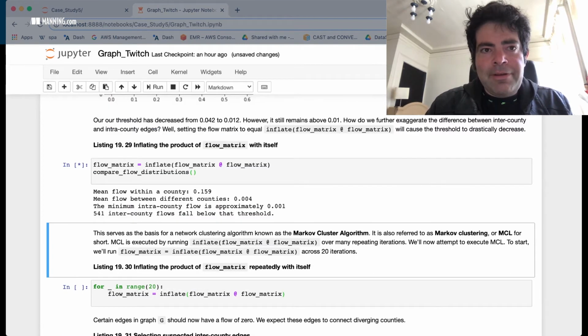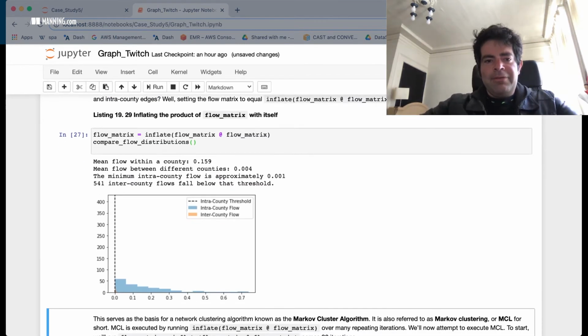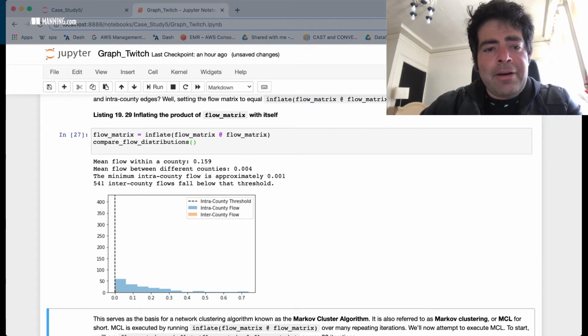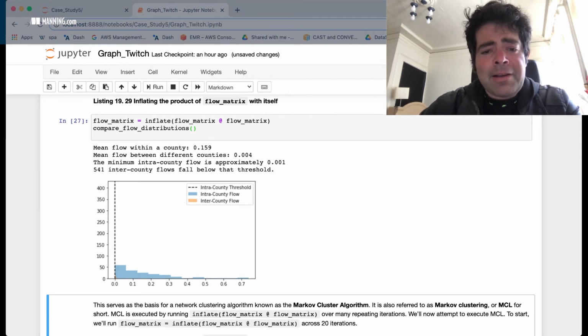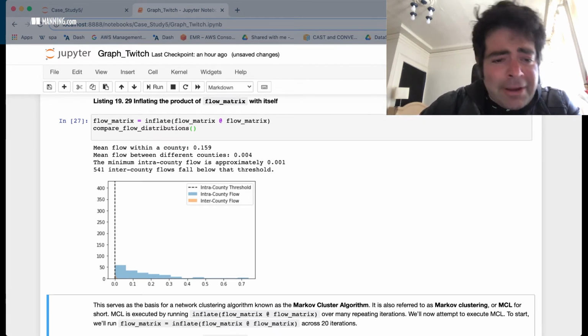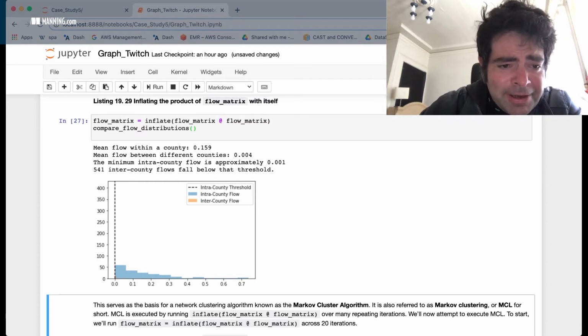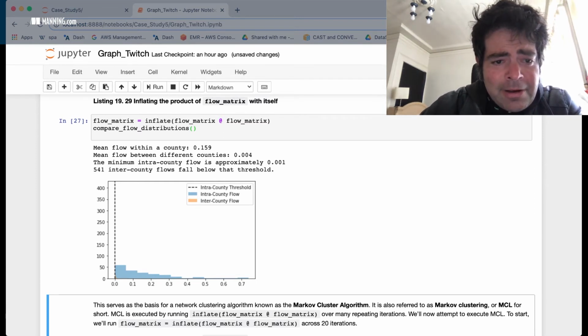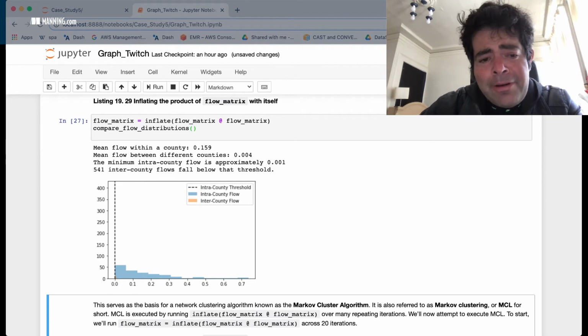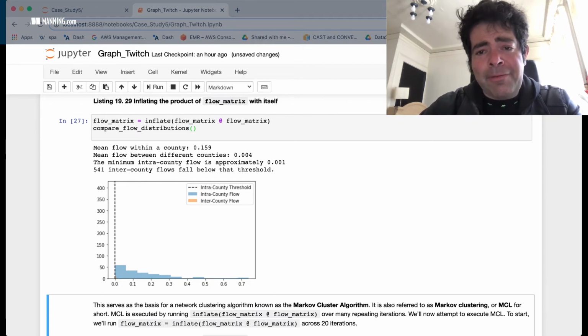And there we go. The beige histogram has become so small, it's basically non-existent. You can't really see it in comparison to the threshold, but it's there. And the threshold that divides the intra- and inter-county flows is now tiny.